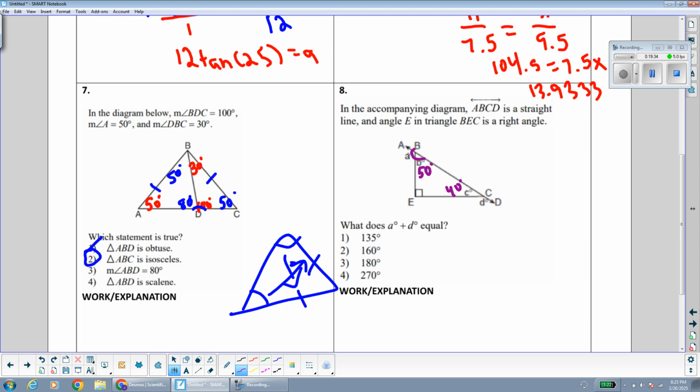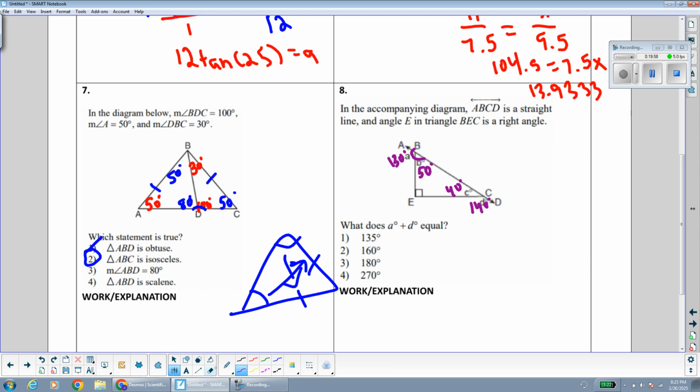So if this is 50, this one's 180 minus 50 because they form a linear pair. 130. And if that one's 40, this one would be 180 minus 40, which is 140. And now let me add A and D here. 140 plus 130 is 270.